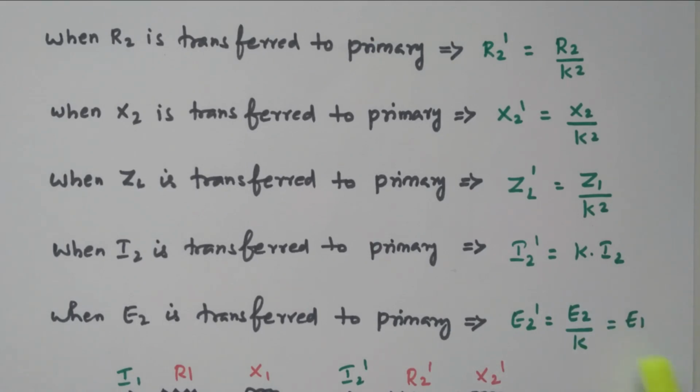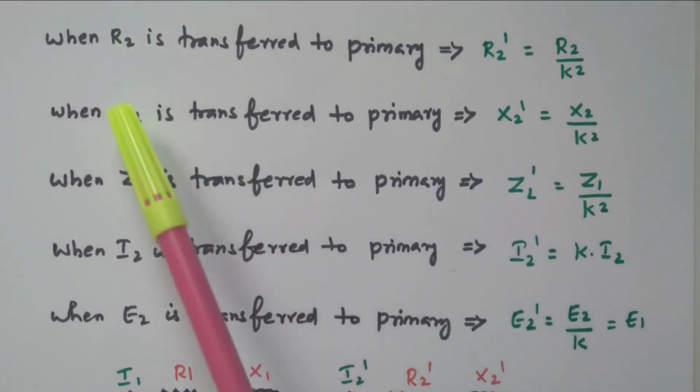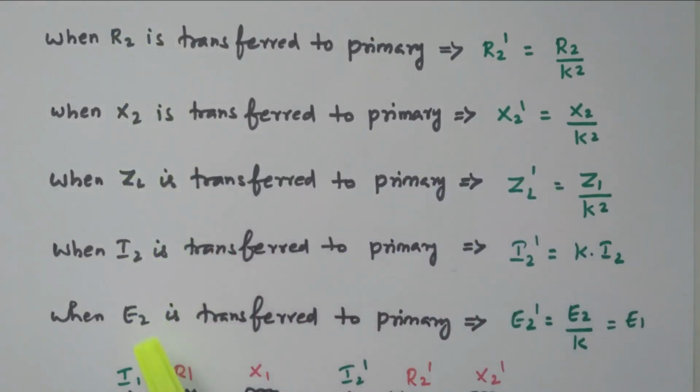Both are in phase. Now all these secondary parameters R2, X2, ZL, I2, E2 are transferred to the primary, and they become R2 dash, X2 dash, ZL dash, I2 dash and E2 dash, or E1. Now it is transferred to the primary.